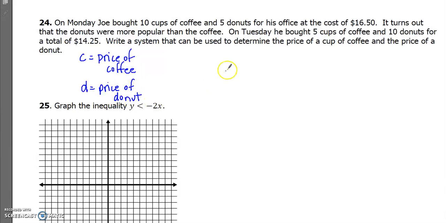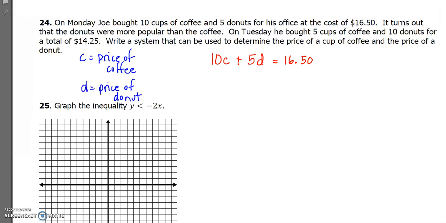Okay, so it starts out on Monday. Monday, Joe bought 10 cups of coffee, so 10 times the price of coffee, plus 5 donuts, so 5 times D, which is the price of each donut, and he spent a total of $16.50.